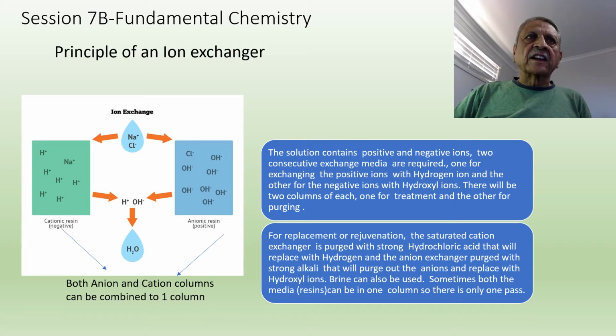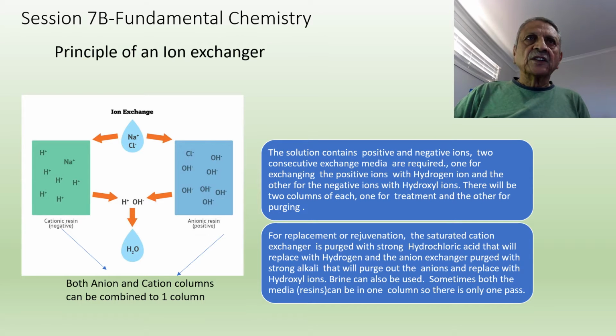The cationic resin will exchange the sodium ion in the water to give away hydrogen ions, whereas the anionic resins will take in all the negative ions and in return will give away the hydroxyl ions.